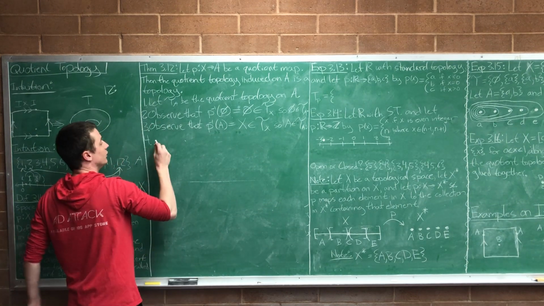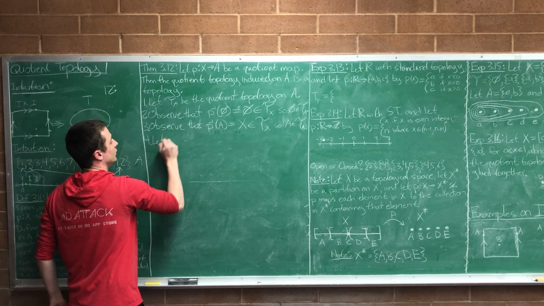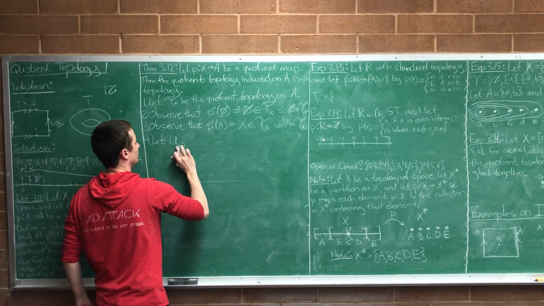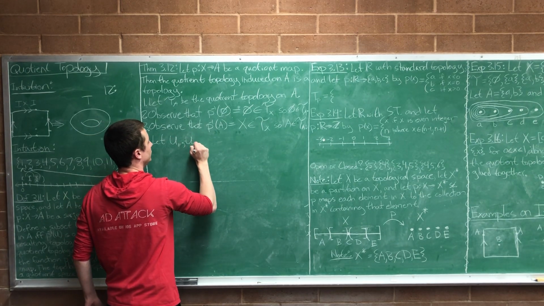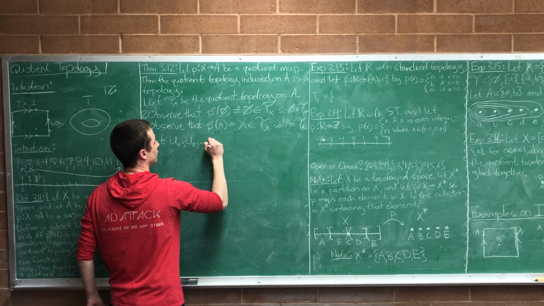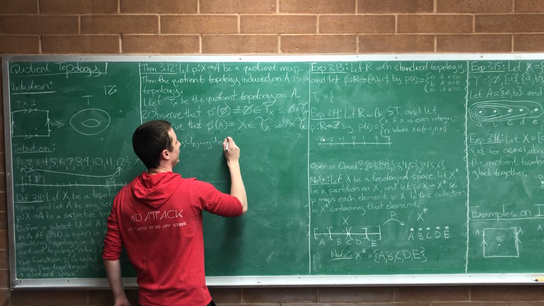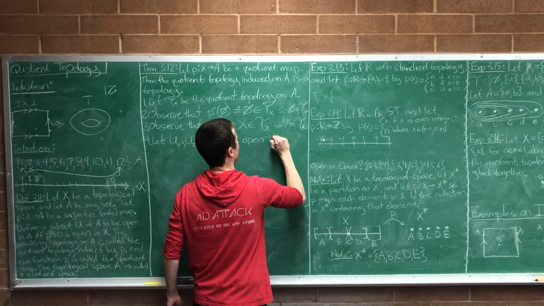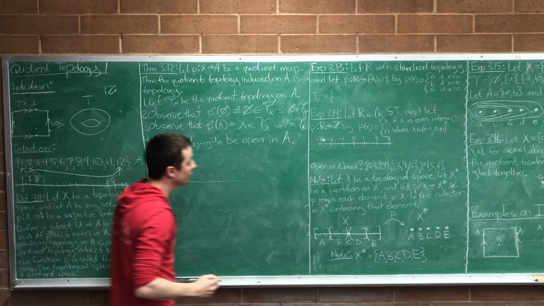So, start out here, we're going to say, let U1, U2, ..., UN be open in A. Right?